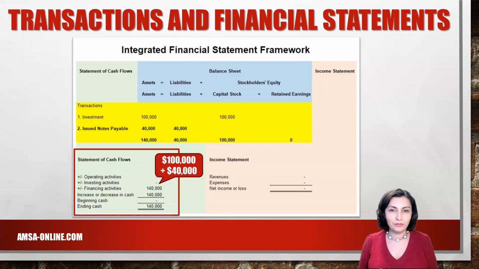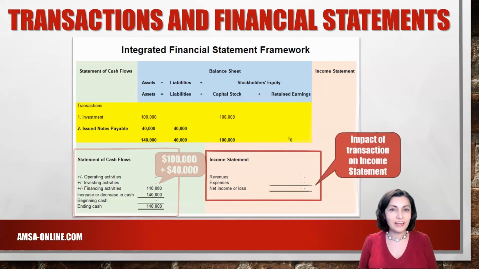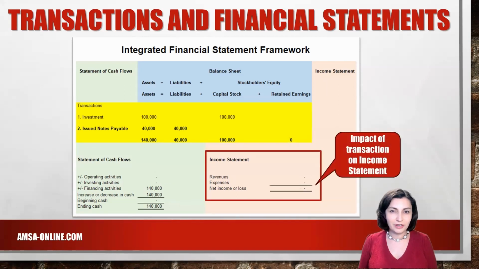The total cash inflow from financing activities is $140,000, which is the sum of $100,000 from stockholders' investment and $40,000 from borrowing. This transaction doesn't have any effect on the income statement.